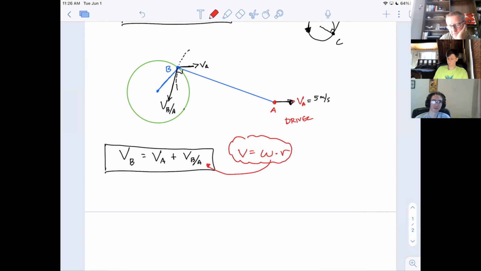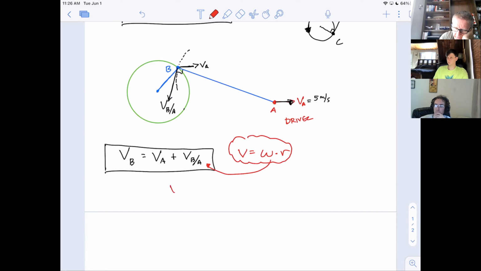Since that second one is kind of a rotation, a circular motion, it makes a little more sense to replace it with omega times r. In other words, I'd have to know the length of the crank arm, the connecting rod. So it's also possible to write it that way.